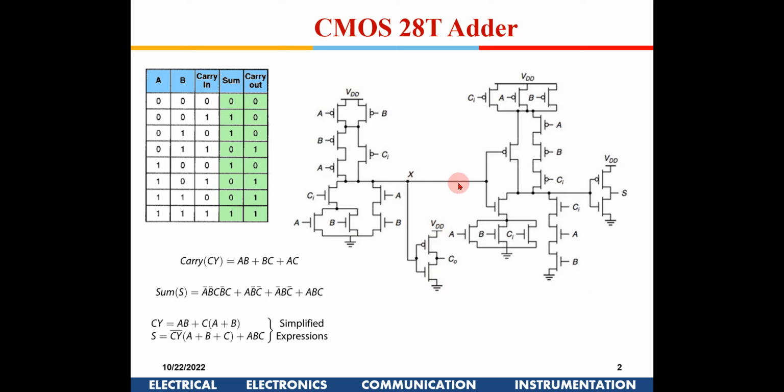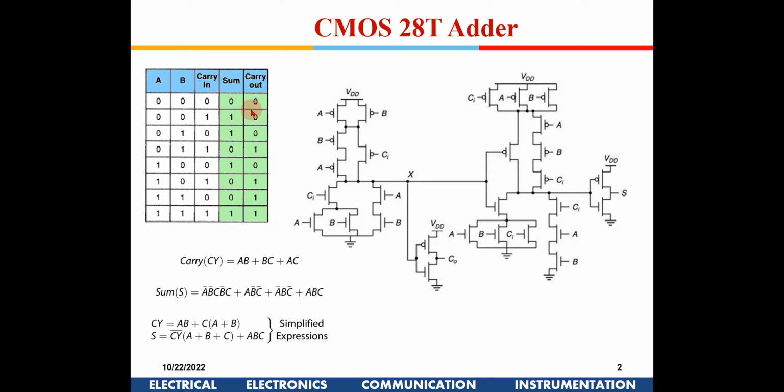Now that carry, now we write an expression for the sum. Now instead of again implementing this whole expression, if you have a look at the truth table out here, you see here, this is 0, this is 1 0 1 1 0 0 1 1 0 1 0. So other than for the top 2 conditions, it is invert of carry, okay.